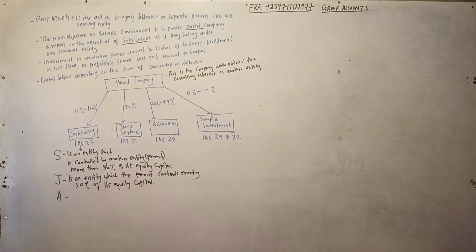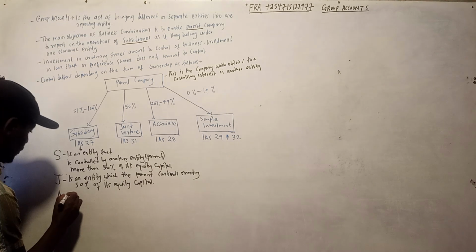Then we have another one which is called the associate. Let us define an associate. For an associate, there is a significant influence. The parent has significant influence over that company, and controls more than 19%, but not more than 49%.